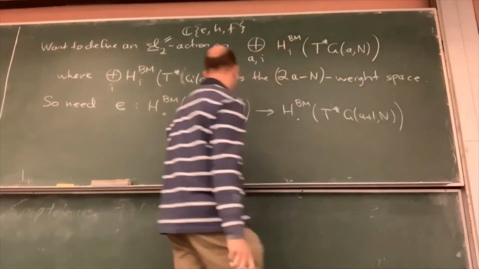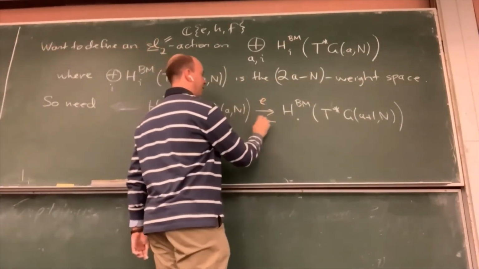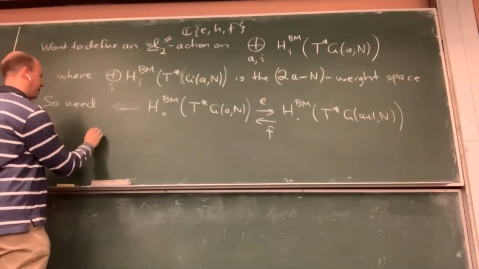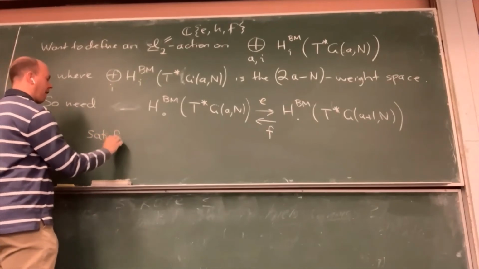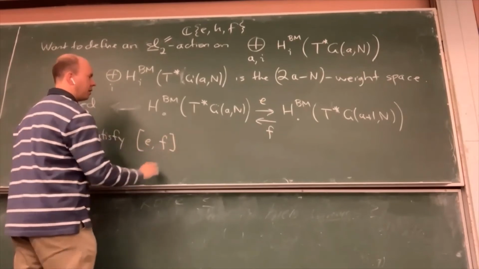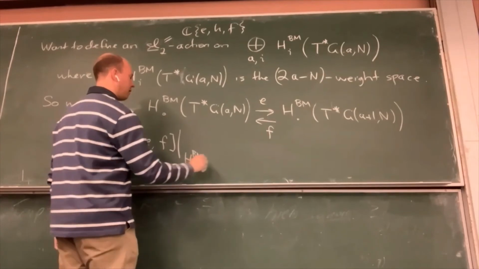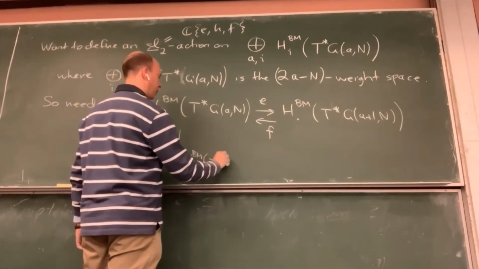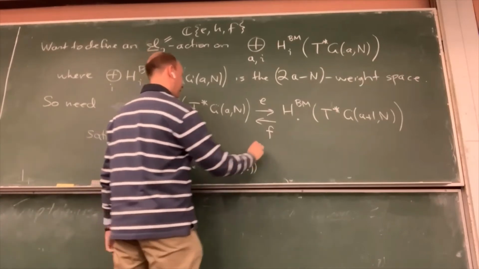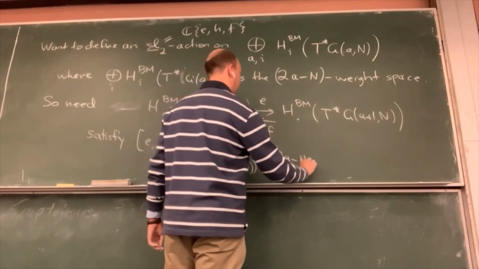Well, so E is meant to go up like that and F is meant to come down like this, and they have to satisfy the property that the commutator of E and F, when restricted to the weight space with weight 2A minus n, is 2A minus n times the identity.